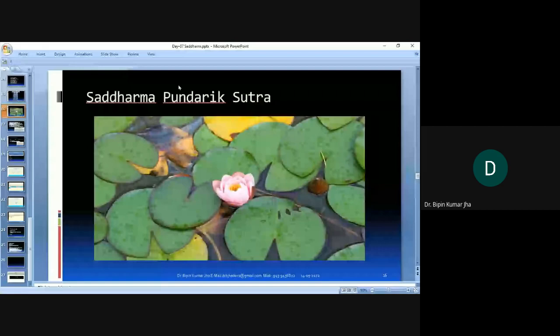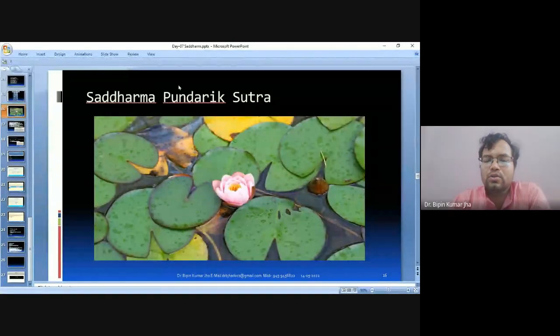If you have seen a lotus, you can see that if you pour a drop of water, the drop of water will stay separate and the leaf of the lotus will be quite separate. The drop of water will not affect the leaf of the lotus.